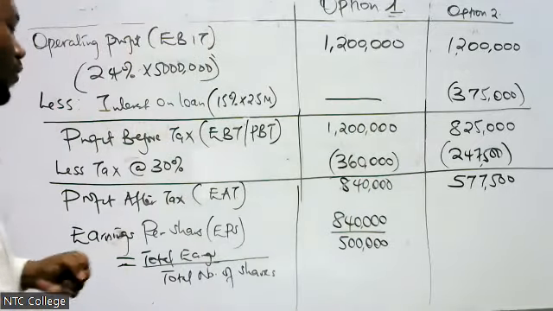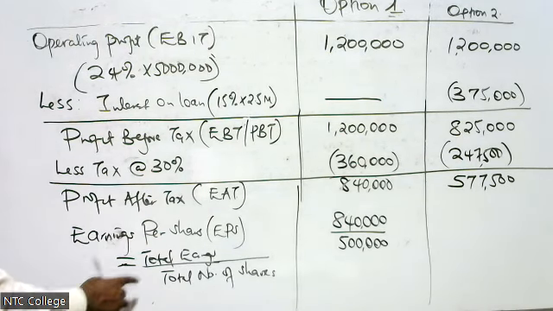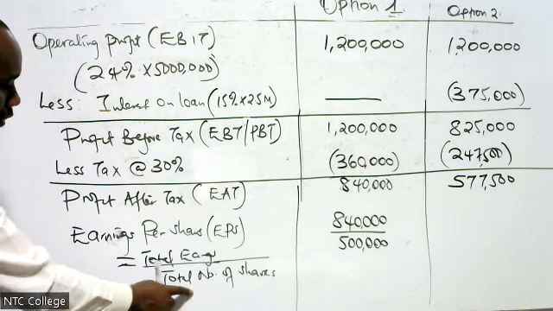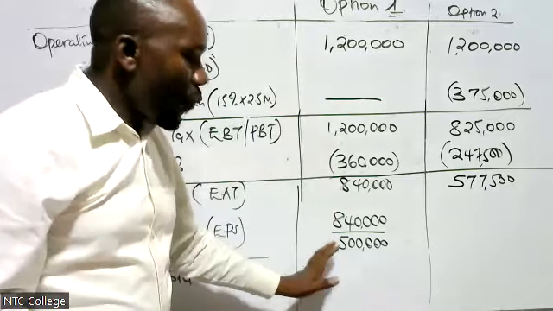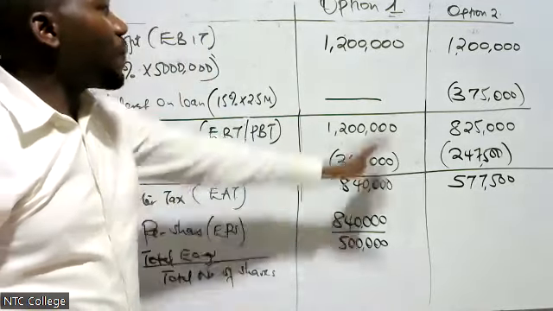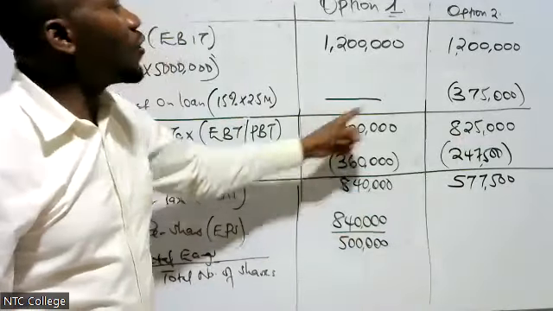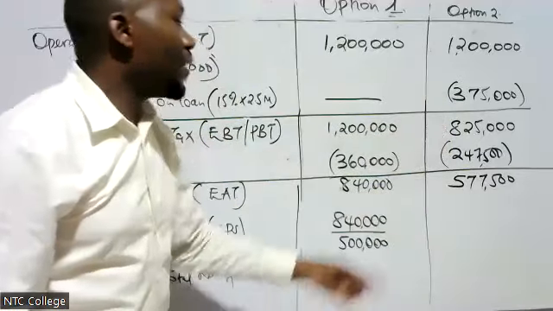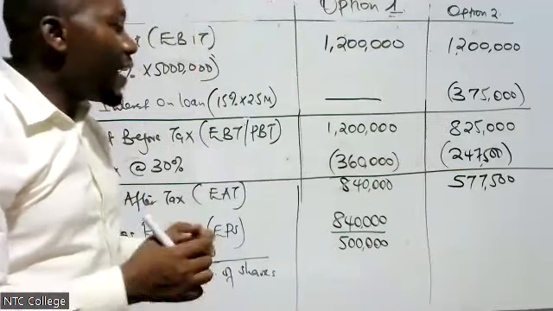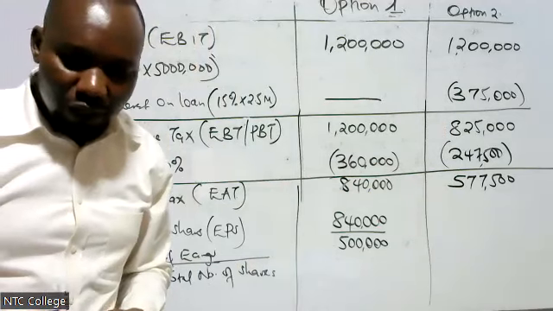And that one we can get through EPS. EPS means earning per share. That is the total earnings all over the total number of shares for each option. Because in option number 1, we have a different number of shares from that of option number 2. And even the profits are different because of the impact of the loan. So the profits are different, and the number of shares are also different. But our main aim is to compare the EPS so that we can know the implication.